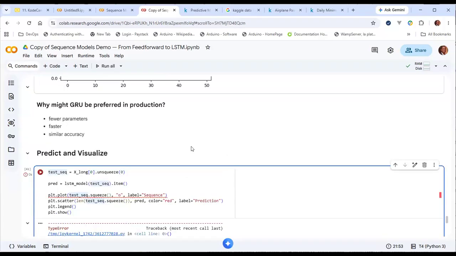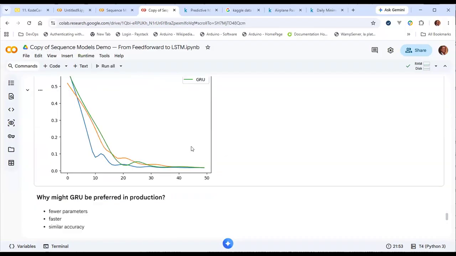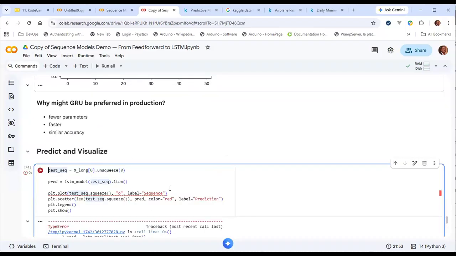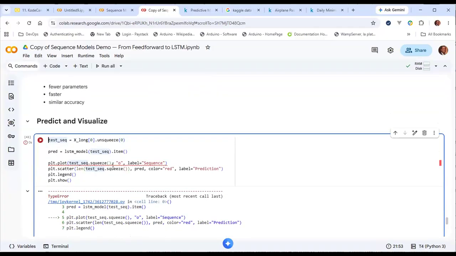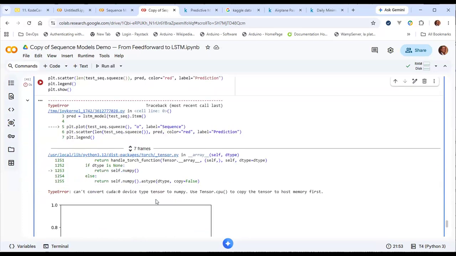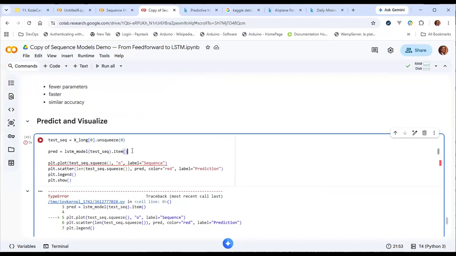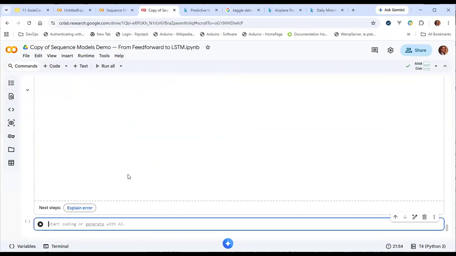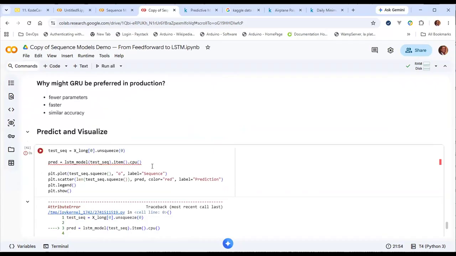Right. So when we want to do this visualization, we will have to detach, because we'll have to take it back to the CPU. So that gives us what we want.